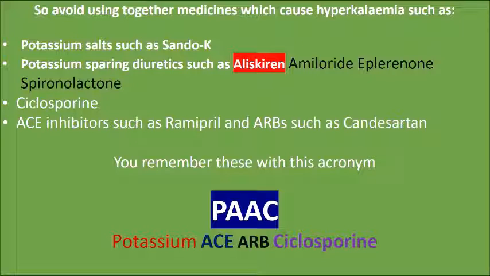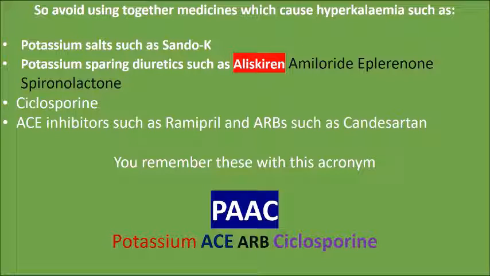Cyclosporin causes some hyperkalemia as well. So this is a short acronym which you could use to remember drugs which cause hyperkalemia: potassium salts like Sando-K, angiotensin converting enzyme inhibitors like ramipril or lisinopril, angiotensin receptor blockers like candesartan, losartan, and cyclosporin.